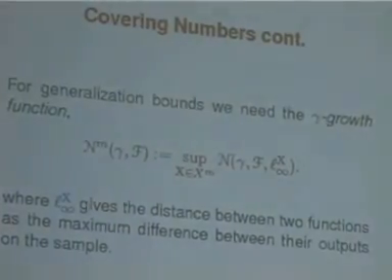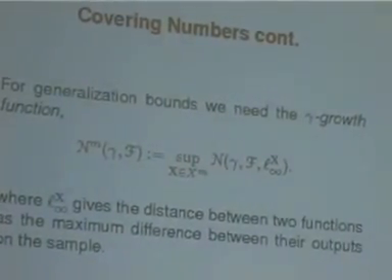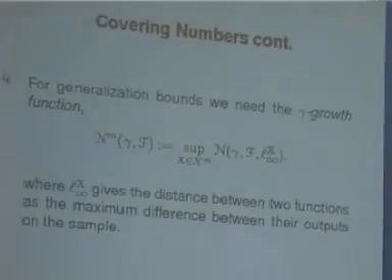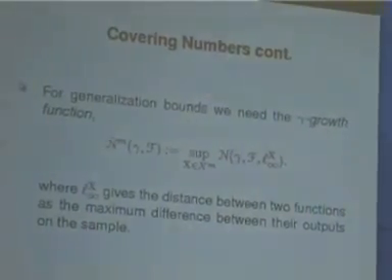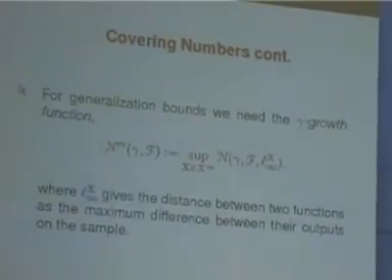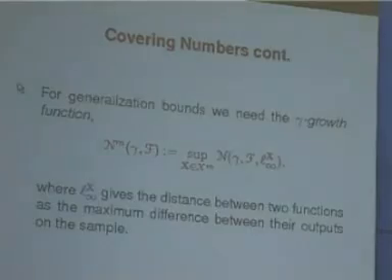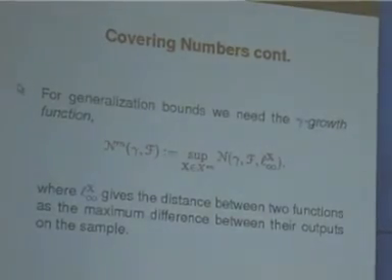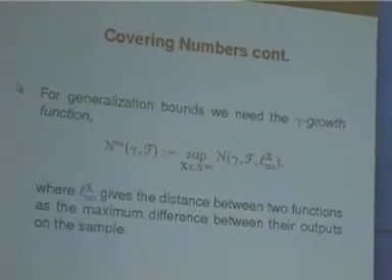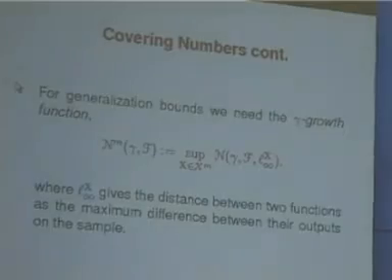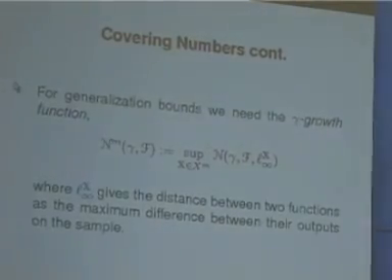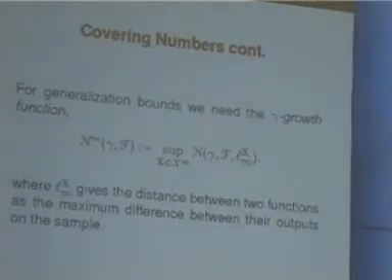So what we mean by a cover now is, if we pick a function f and pick the closest element in the cover, then that function will have an output within gamma of the function that we started with on all of the training points. Not on other points, don't worry about them, just on the training points.